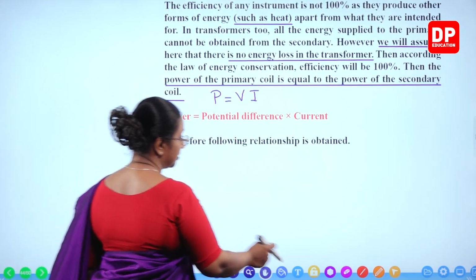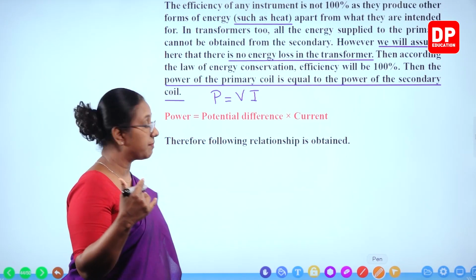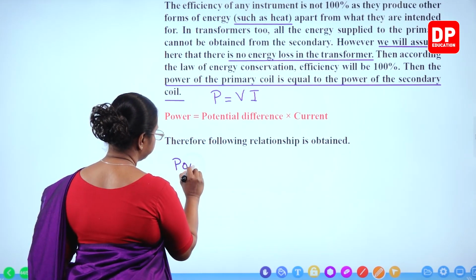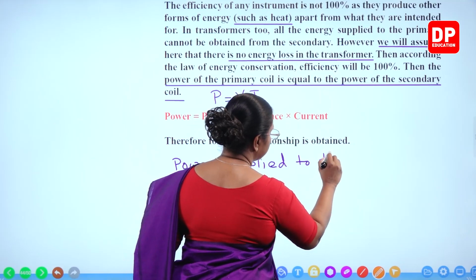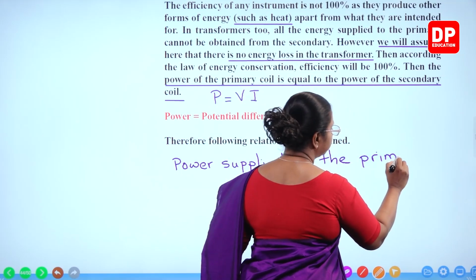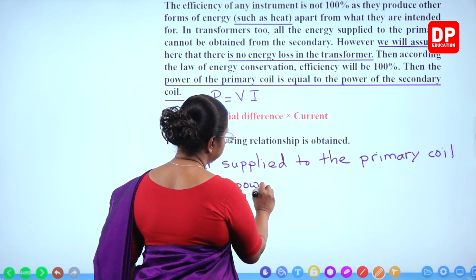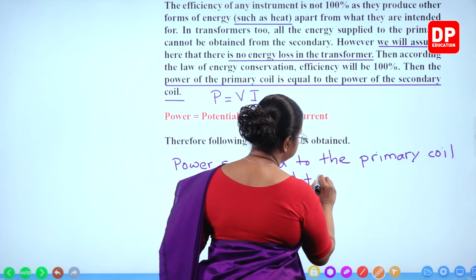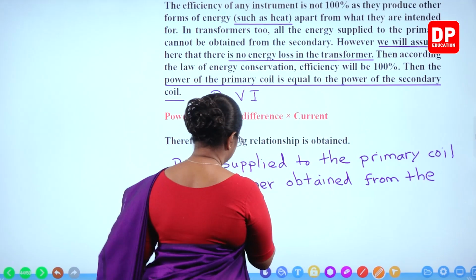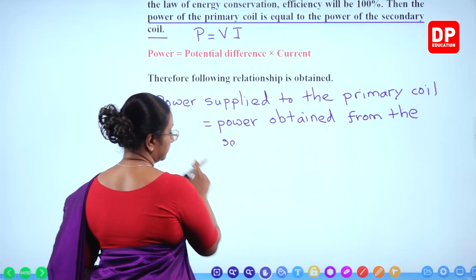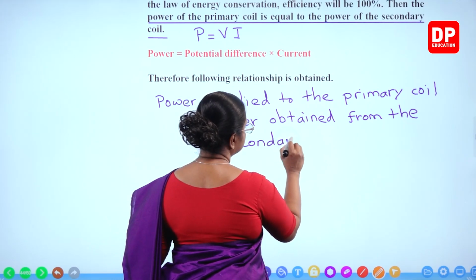The power supplied to the primary coil is equal to the power obtained from the secondary coil.